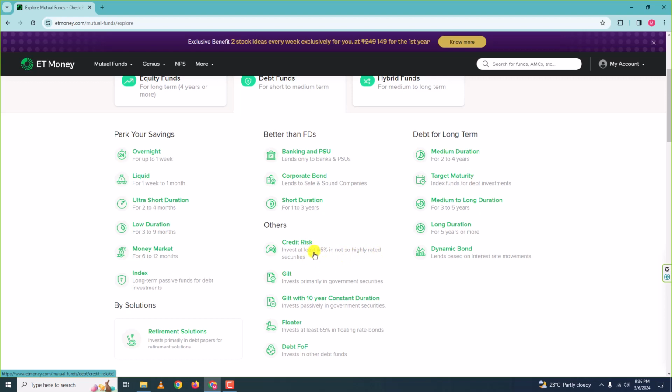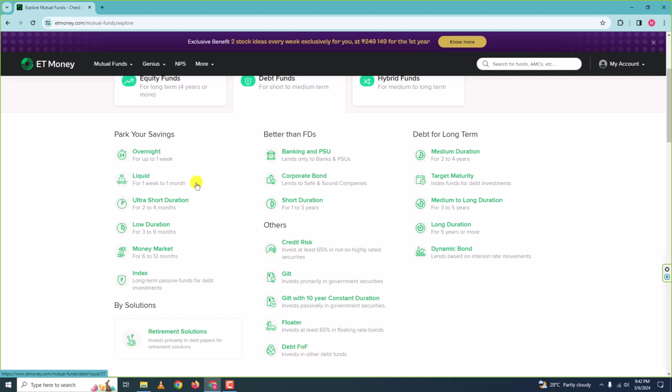So what happens here is, since you are taking risk, if you invest in this, the return would be more. Of course, the mutual fund house would check amongst the bad bonds, which is the good, and then they would invest there. And then we have debt fund of funds. Just like we had equity fund of funds, we have debt fund of funds.